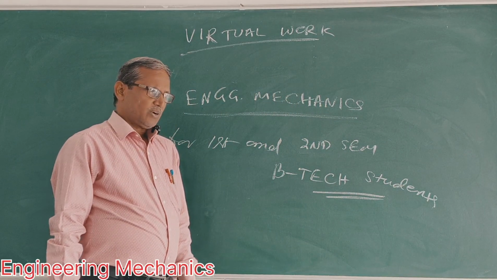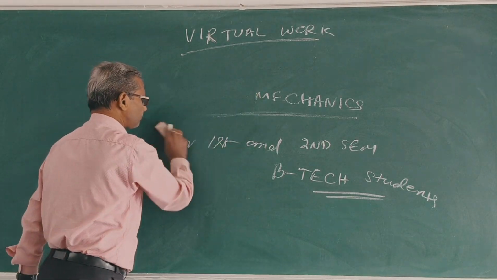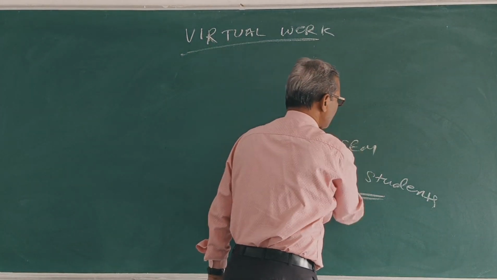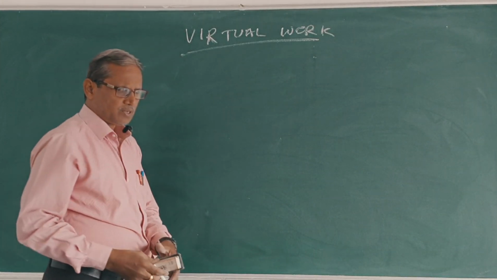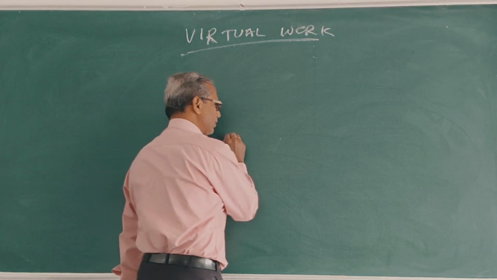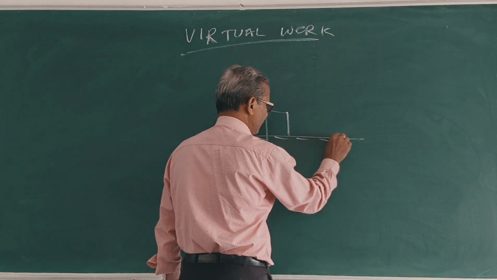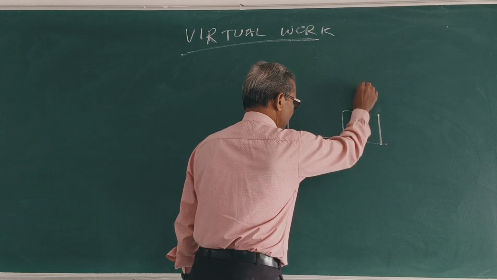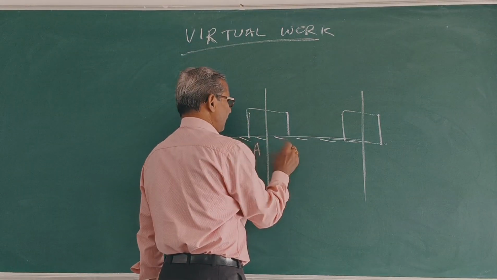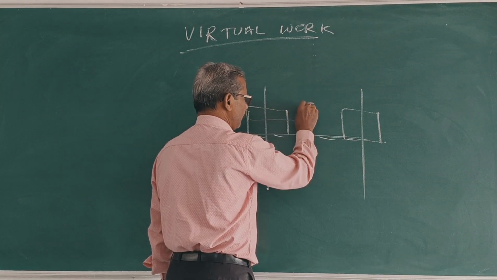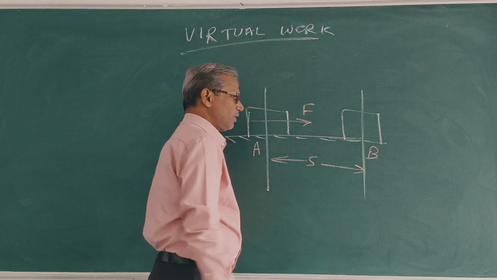Now, first I will clear what is work. What is work? Suppose this is a body resting at point A, and after giving force F, the body moves to B through displacement S. Clear?